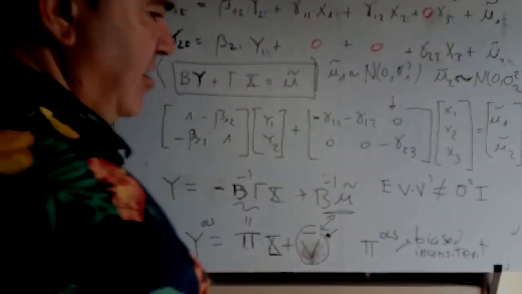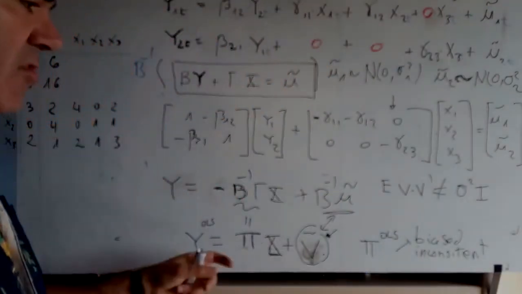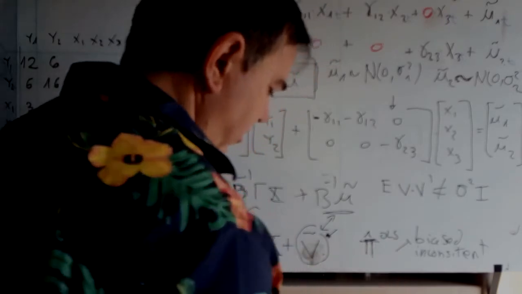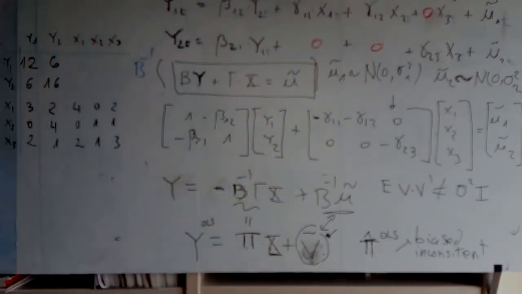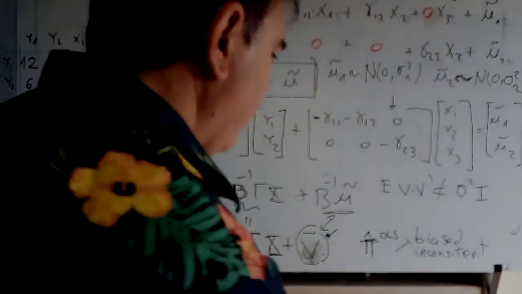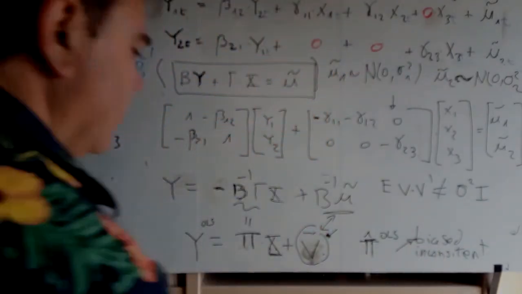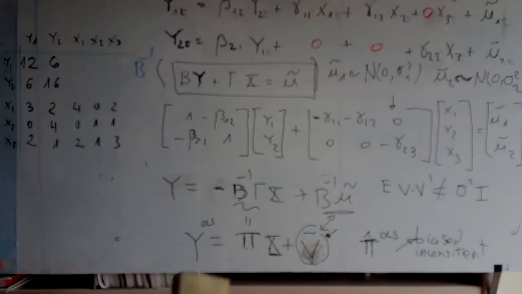So this hypothesis is being violated. This is why the estimators of these ordinary least squares are not profitable for us. But in any case, it is an aid for us. We're going to see which type of aid.